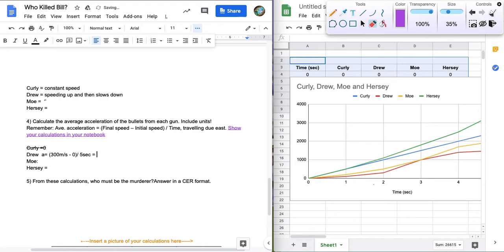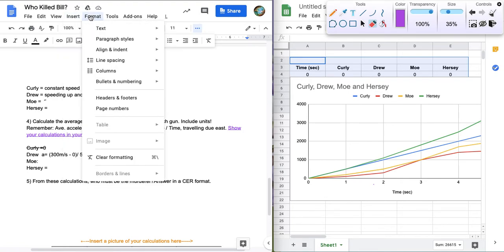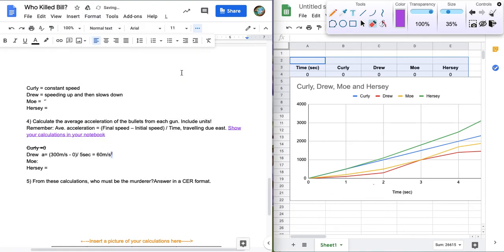So that would give us 60 meters per second squared. And I'll just modify that for you so that it is not confusing. Okay, there it is. We're going to do exactly the same thing for Mo.